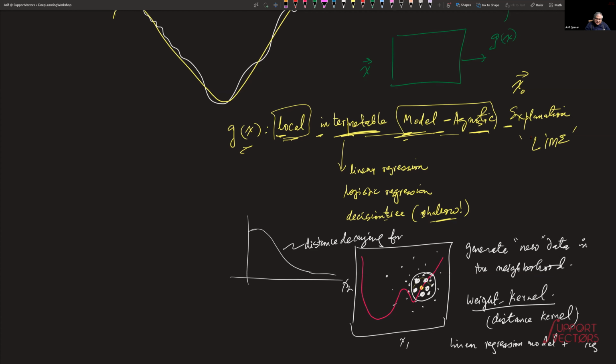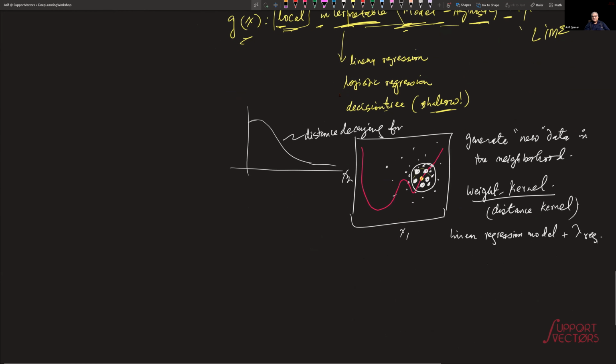Remember lambda as a regularization term. Remember lasso, ridge regression, and so forth. It's always a good idea to regularize when you're building a linear model, isn't it? You remember that. So internally, that's all it does. Or it will build a decision tree and so forth. So this is Lime. Do we understand Lime now, guys?